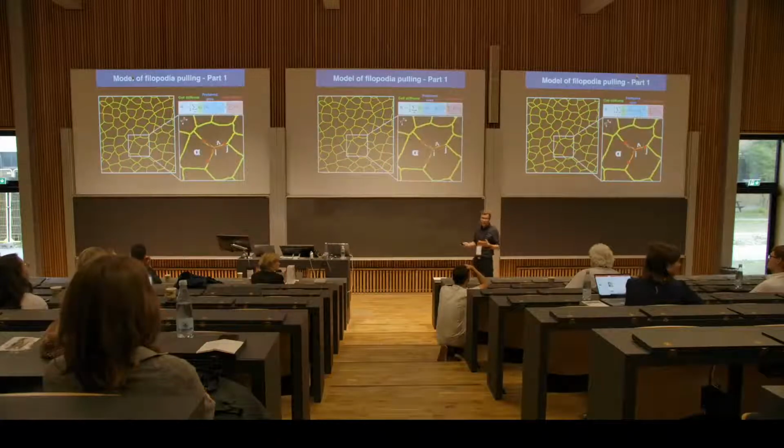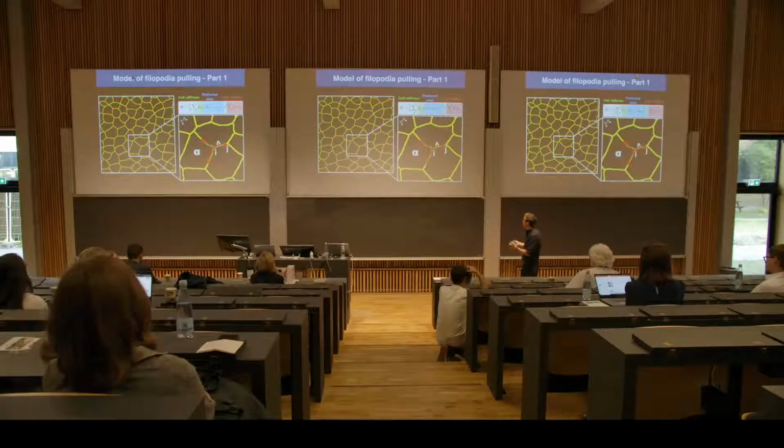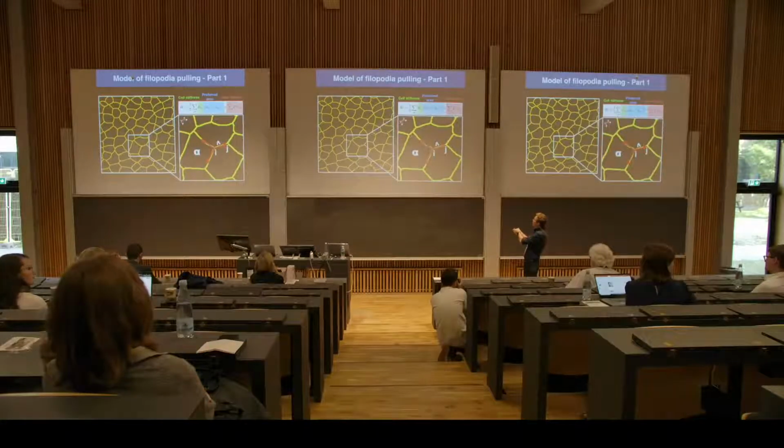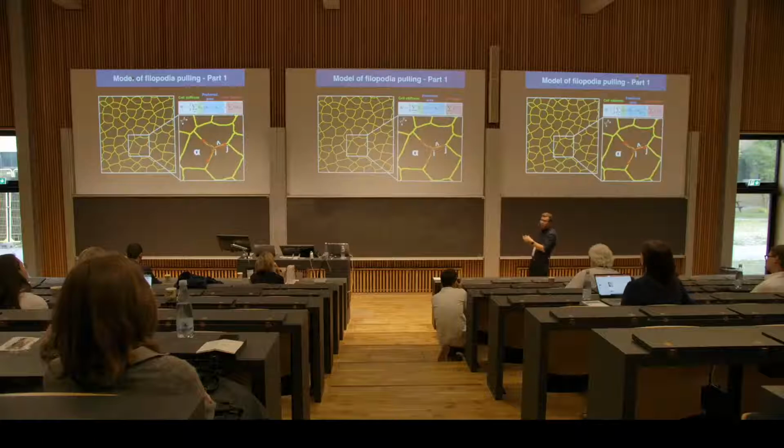This is a classical approach where we consider the tissue as a network of connected vertices, and each vertex has a certain energy which is given by multiple parameters. For example, these parameters can be the rigidity of the cell and also the tension of the junctions, so how strongly these bonds are connected to each other.